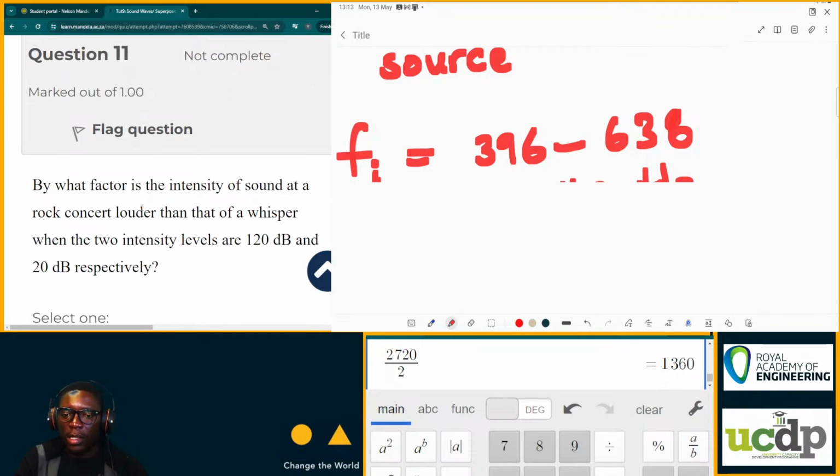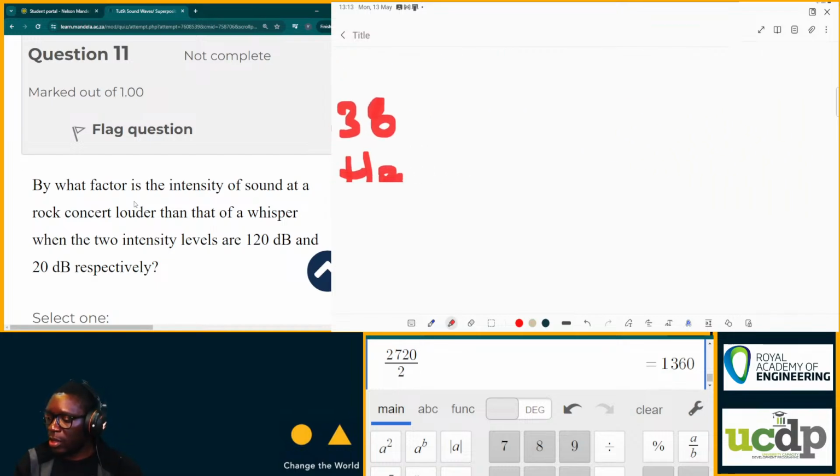Now, another interesting one. This is dealing with sound. It's not really on Doppler effect, but it's on sound level. We say, by what factor is the intensity of sound at a rock concert louder than that of a whisper, when the two intensity levels are 120 decibels and 20 decibels respectively.